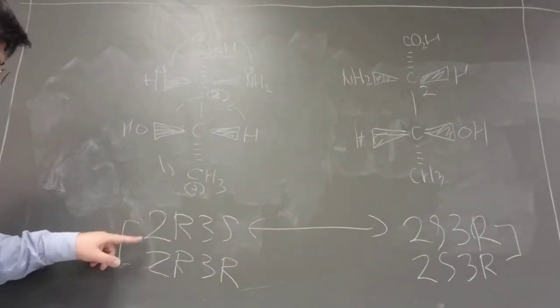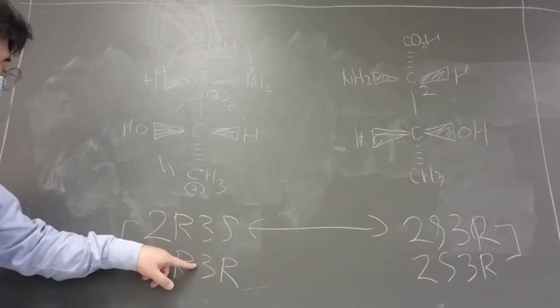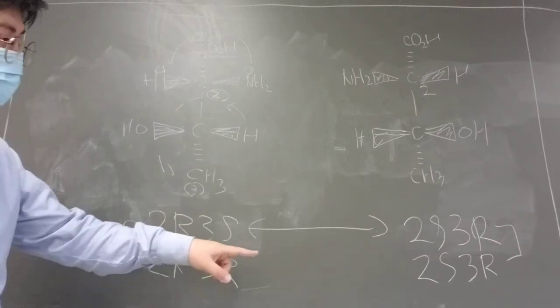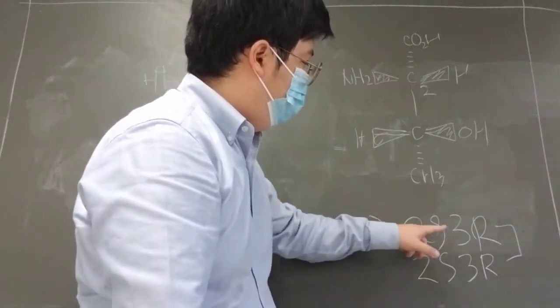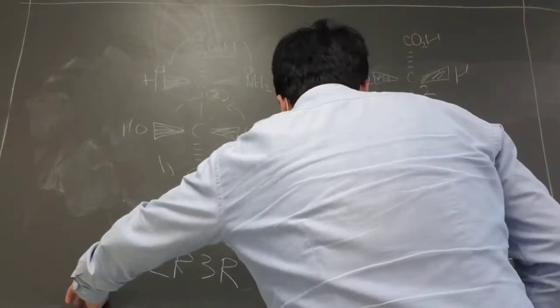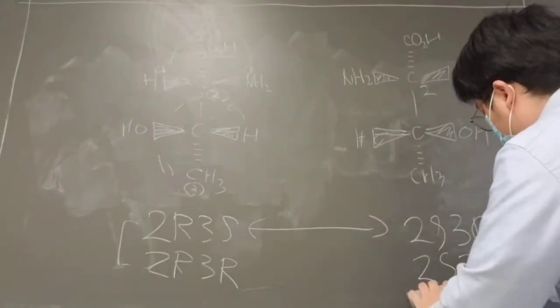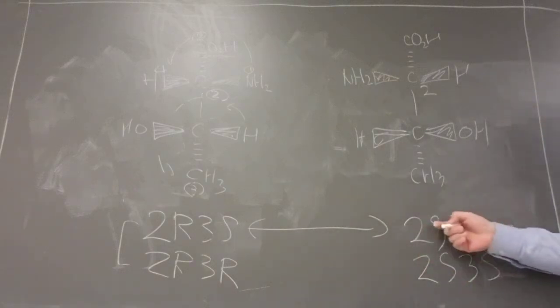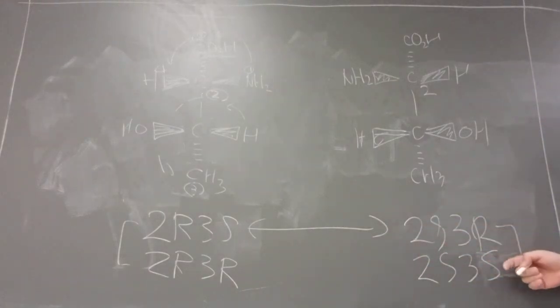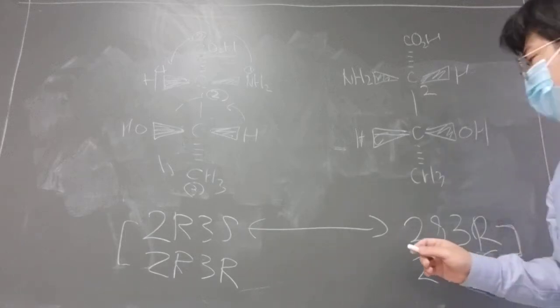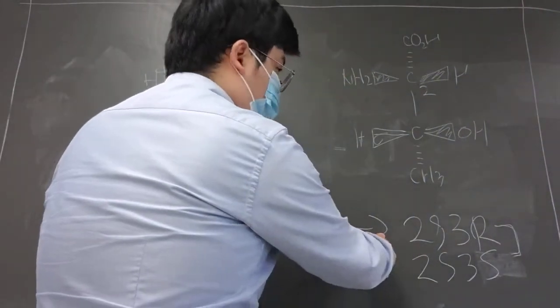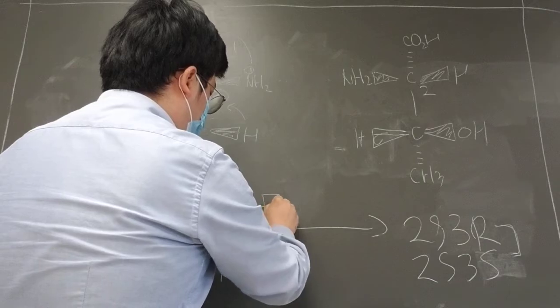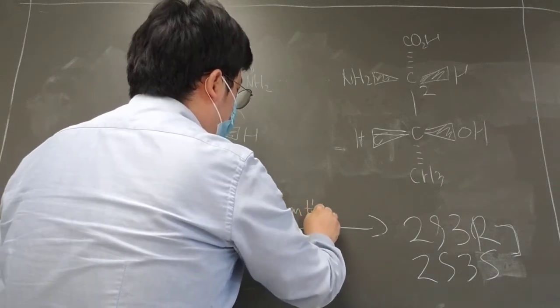Here it has the same chirality center on carbon 2, but the other side is different. So it's slightly different by R/S configuration. And then these two are opposite on both sides, so it's enantiomer, right?